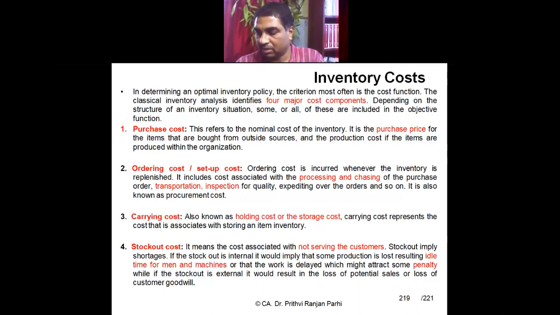Sir, I asked you that in the Baumol model there is a doubt. You said that the transaction cost is constant in that model. But the last line is saying that transaction cost incurs both fixed cost and variable cost.